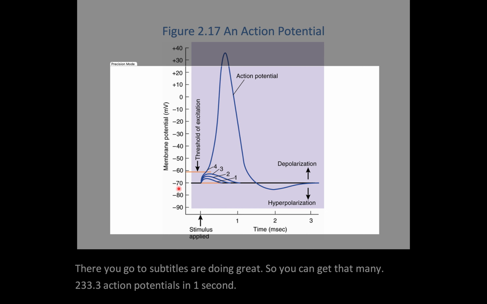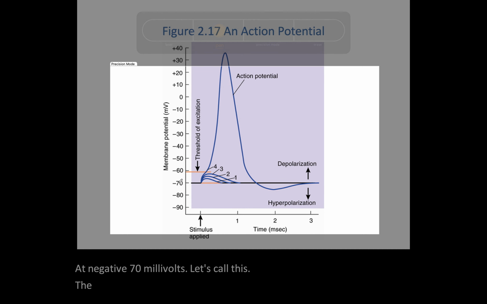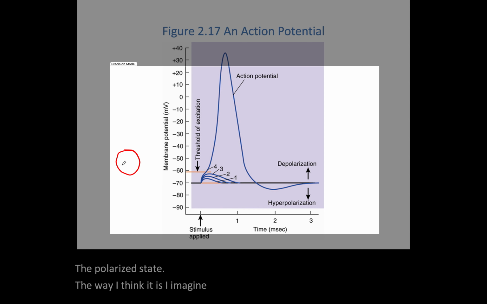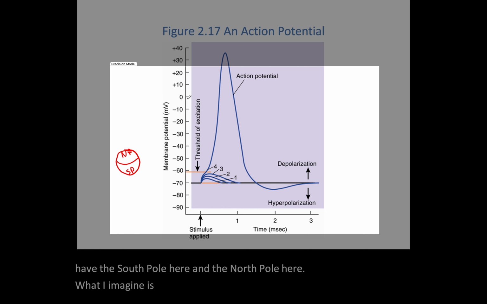Now, when the cell is at rest at negative 70 millivolts, let's call this the polarized state. The way I think of it, I imagine the globe. We have the equator, and we have the South Pole here, and the North Pole here. What I imagine is negative 70 is so far from the equator.